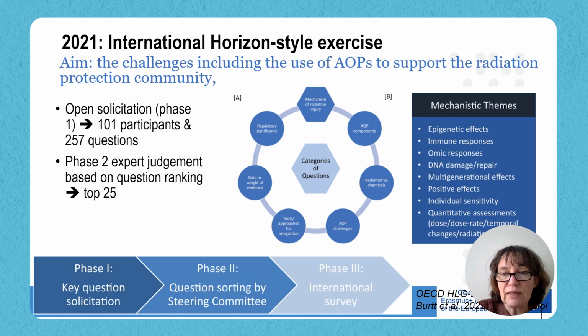And we ended up with a number of mechanistic themes that the community, all the participants, more than 100 participants that we had, through answering 257 questions, came up with as the mechanistic themes that we need for adverse outcome pathways within radiation protection.